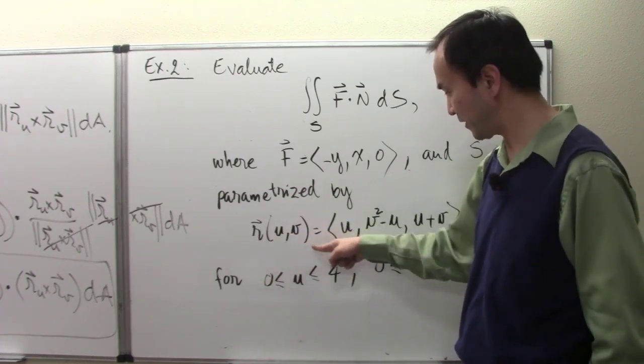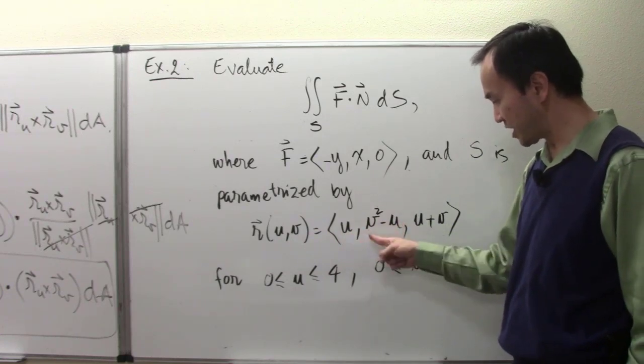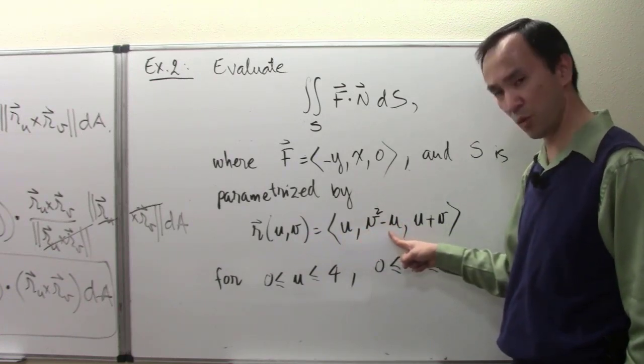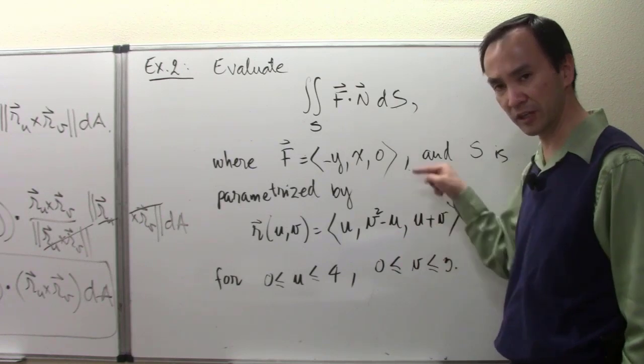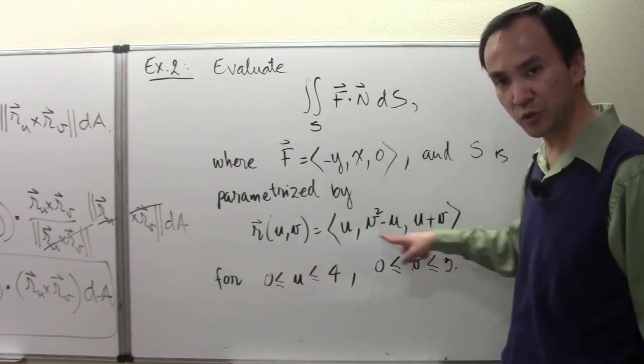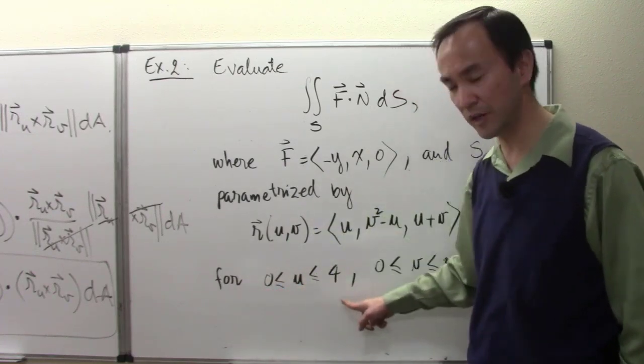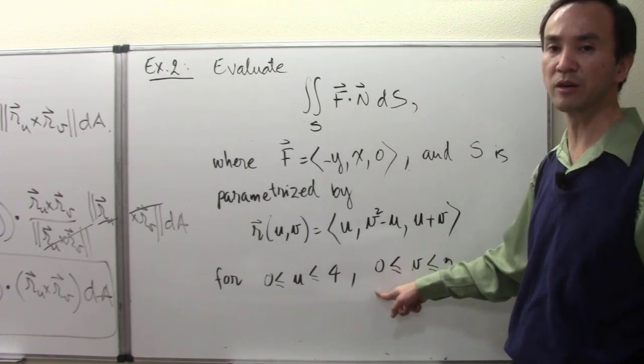R of u comma v equals u for the x component, v squared minus u for the y component, and u plus v for the z component. And then we have a domain for our u and v parameters: u changes value anywhere from 0 to 4, and v changes value anywhere from 0 to 3.